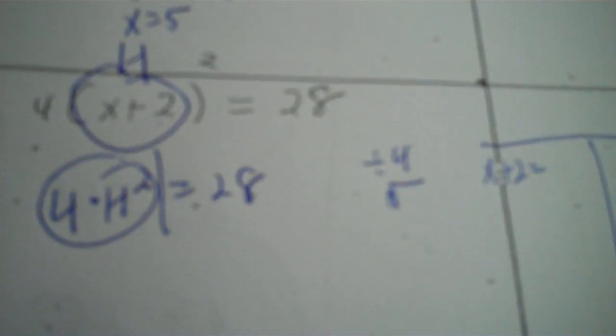But first you have to find the value for h, and then after that's found, you're going to use that table where you bring back the x plus 2 twice. You need 2 of them because when I solve for the h, I have to divide by 4 and do a square root, and the square root always leads to the positive and the negative.